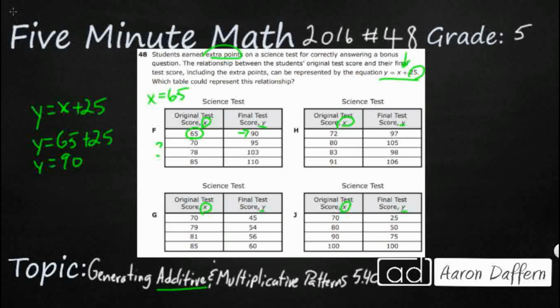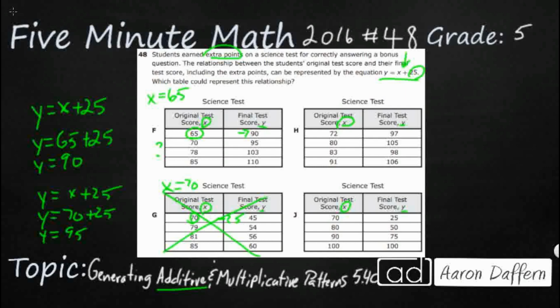We're going to have to check another row just to make sure. Let's check this y equals x plus 25. Let's check G. We're going to let x equal 70, because that's on that first row. So y equals 70 plus 25, so that's going to get me 95. Oh, now that gives me 45. Look, you know what they did? They subtracted 25. So they just did the wrong operation.